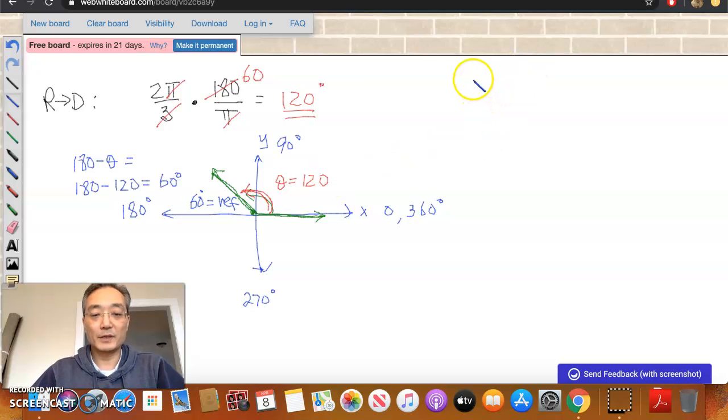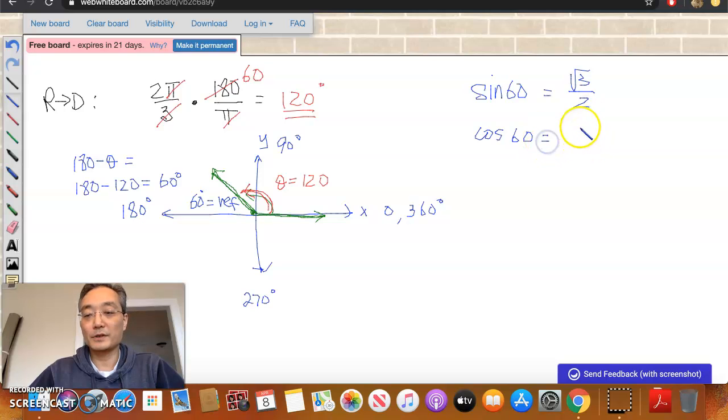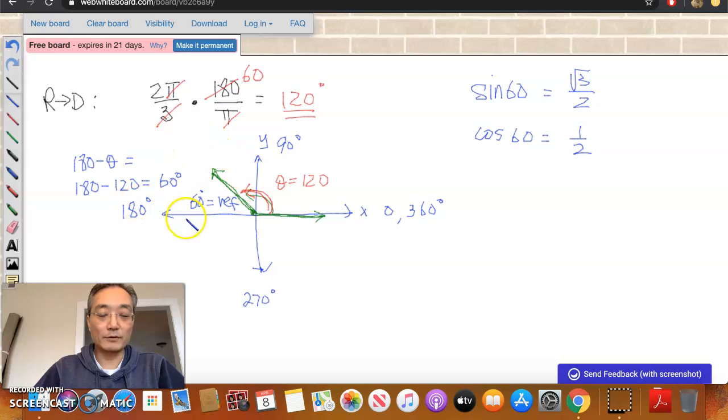And again, using the values that we found in our table, right? Let's find what's sine of 60 and cosine of 60 again. We just did it, right? So sine of 60 was radical 3 over 2, and cosine of 60 was 1/2. Okay, but since now we're in the second quadrant, we know that the x values are negative, but now the y values are positive, correct?